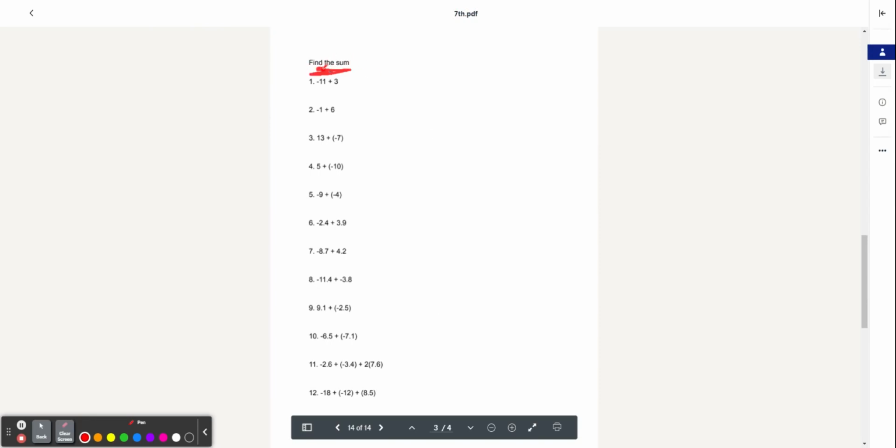Okay, find the sum. Let's try 1. We're adding 3 to -11. And when you're adding a negative number, it's like subtracting. So when we add 3 to -11, we get -8 instead of -14.